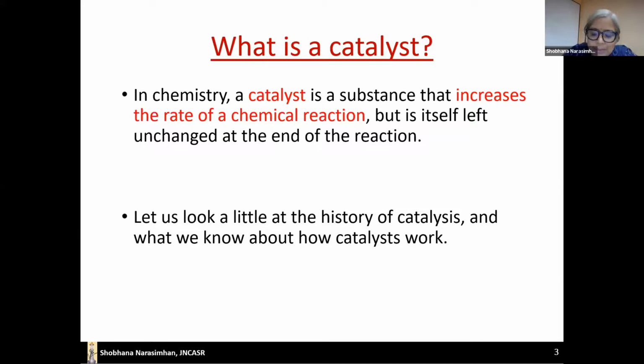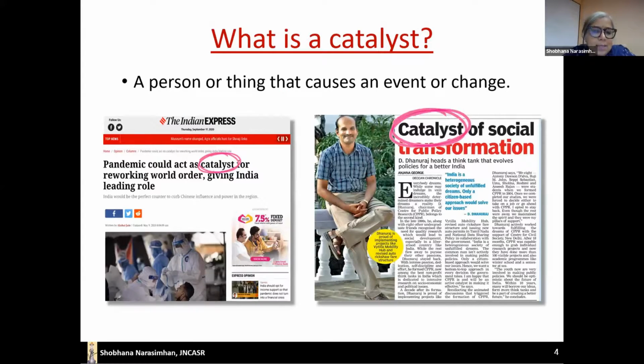He was an alchemist, and he seems to have been the first person to have done a catalyzed reaction. This is an example of a term from science that has now migrated to the popular lingo as well. So we use the word catalyst a lot. For example, we say that this pandemic that we're currently experiencing can be a catalyst for change in many ways.